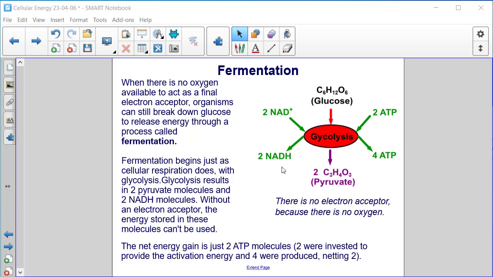But without an electron acceptor, the energy stored in these molecules can't be used. As a result, the net energy gain is just 2 ATP molecules. We use 2 ATP molecules to provide the activation energy, and 4 ATP are produced, netting 2.